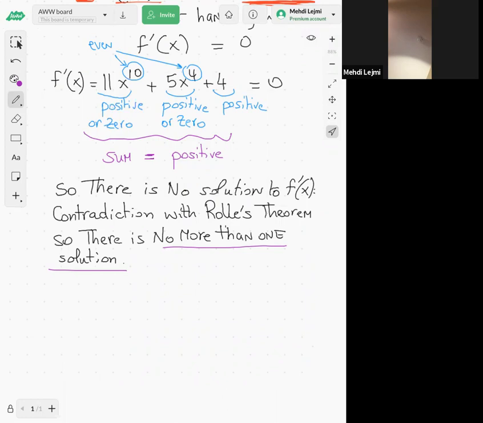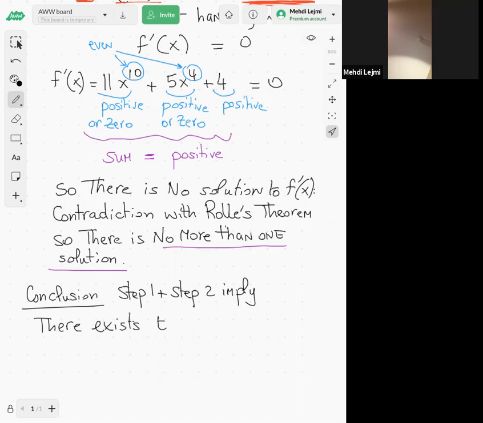So conclusion, step 1 plus step 2, they imply there exists exactly one solution.